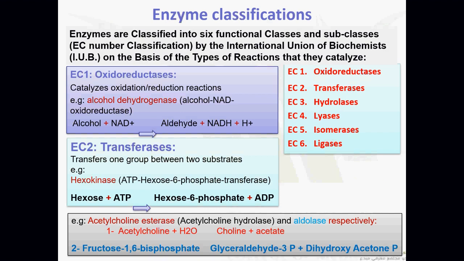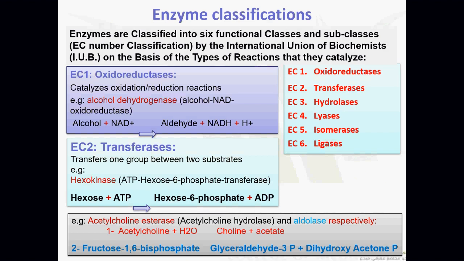So if we assume this is glucose, the hexokinase will add the phosphate group, taking it from adenosine triphosphate and attaching it to the hexose sugar, which in this case we assume is glucose. So glucose plus ATP in the presence of hexokinase gives glucose 6-phosphate plus ADP, where a phosphate group has been removed or transferred.